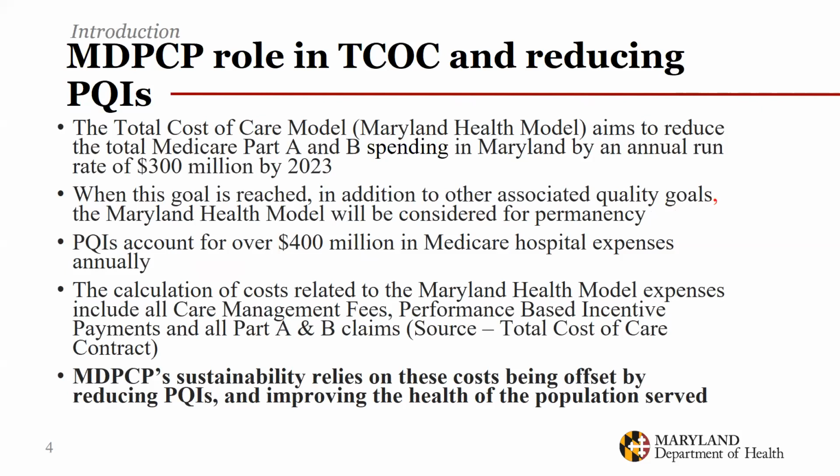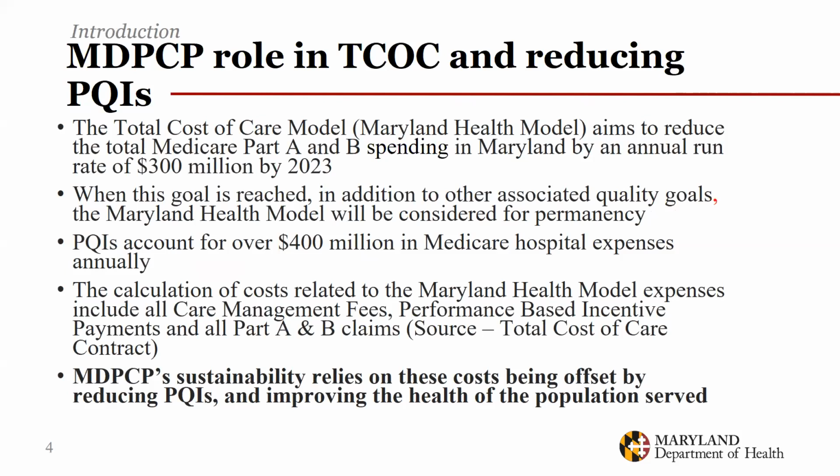We also know that the investments that are made in the Maryland Primary Care Program are not investments that are ignored by the federal government. They are in fact included in this overall spending calculation that we have for the state. So the investments that come to primary care are in many ways looked at as investments that are made in primary care, but we can use those investments at a minimum to reduce these avoidable utilizations, and thereby offset the investment.